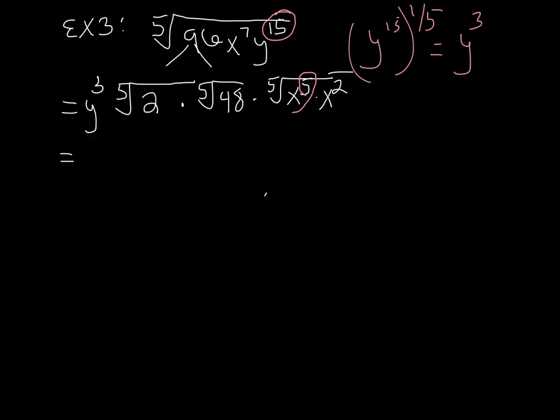So now I'm going to go ahead, and I've now got on the outside, y cubed times x, okay? And then I have my 5th root of 2 times, break down that 48. So now you have the 5th root of 24 times the 5th root of 2.